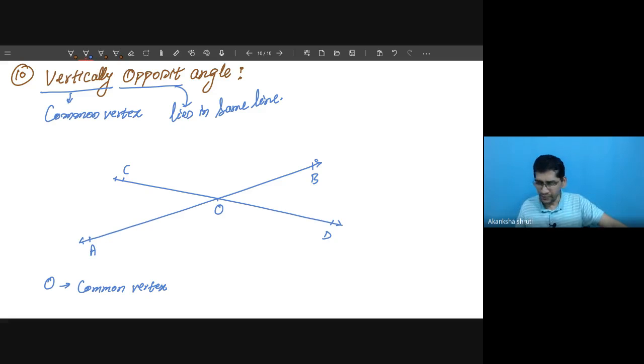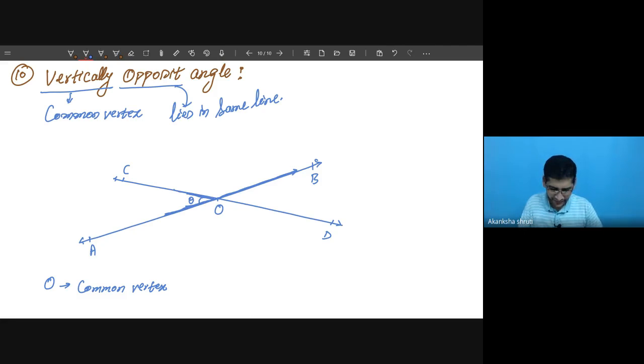Now vertically opposite means the vertex is common, but they are totally opposite. So students, if I consider starting from A, coming to O, then going towards C, we can observe the angle formed, AOC, let me denote by theta. But if I extend AO on the other side, we go in the direction of OB.